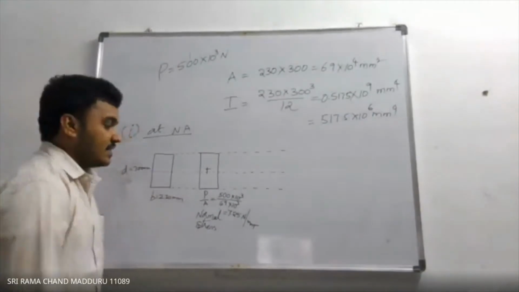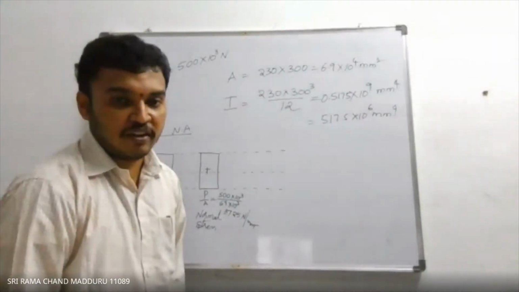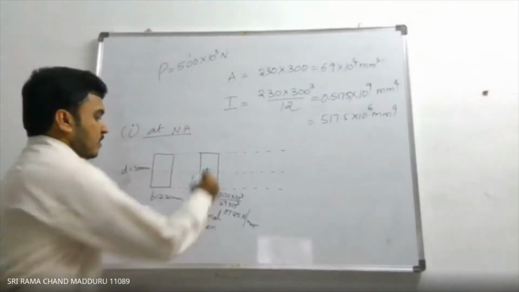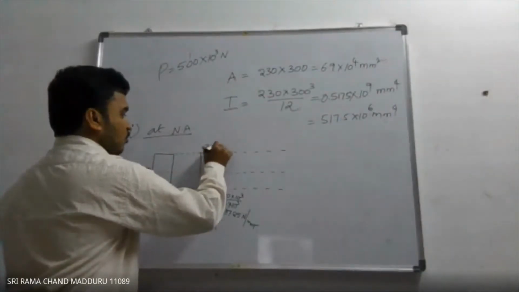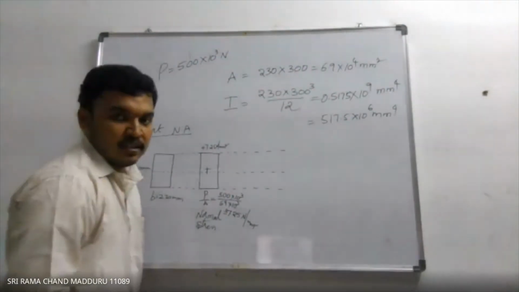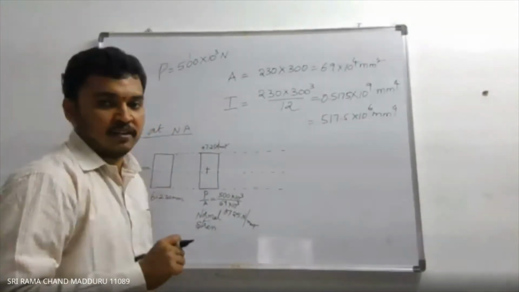So you take it as plus 7.25 Newton per mm square. It is normal stress which is constant on the entire cross section.